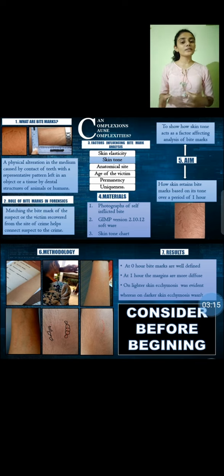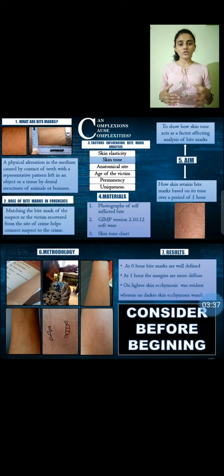And then we waited for a period of an hour, and this was to understand the different changes that can happen in the bite mark based on its tone. After this, we took a picture at 1 hour.